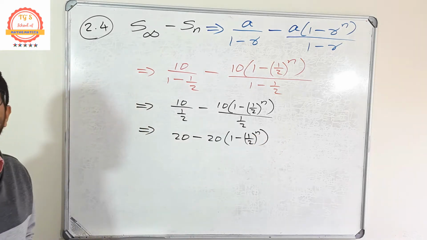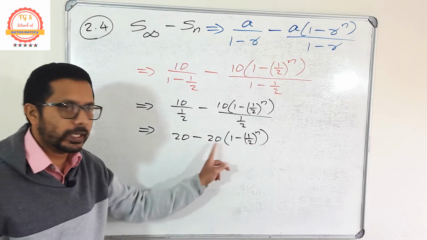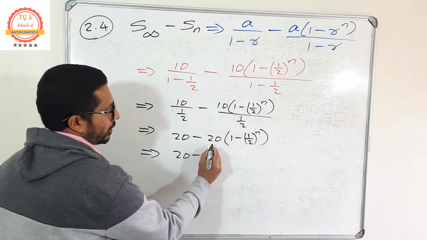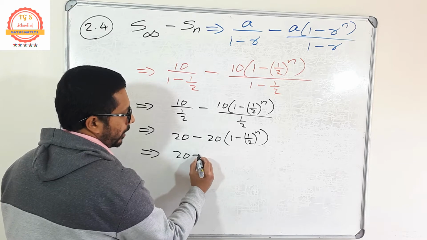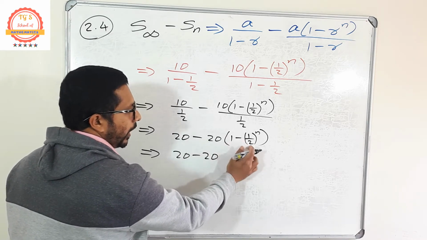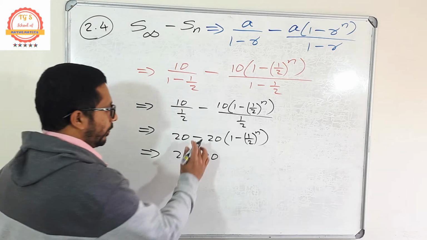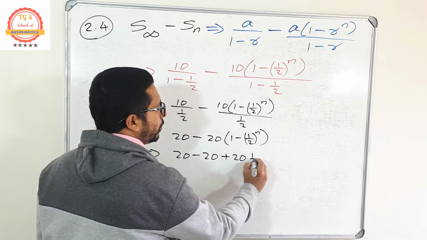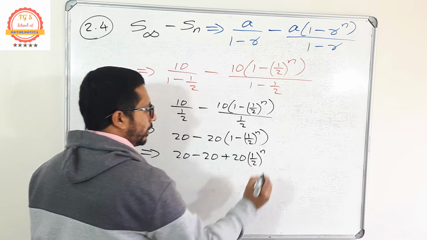So now we have to expand the bracket. Minus 20 into 1 is minus 20. Minus 20 into minus half raised to n: minus into minus is plus, so 20 into half raised to n.